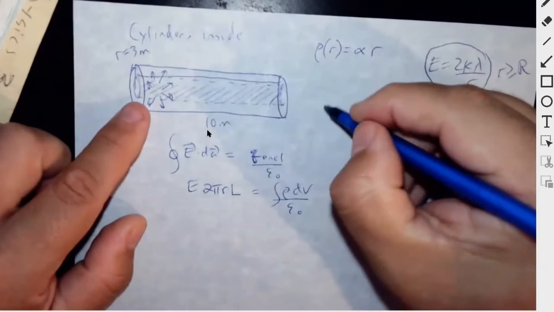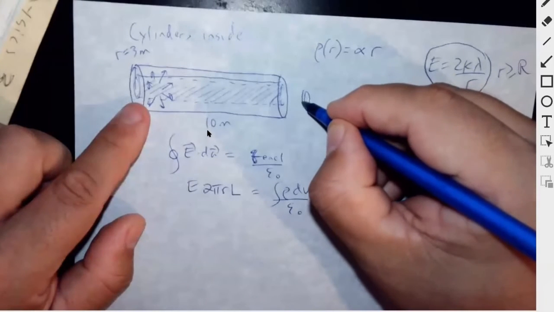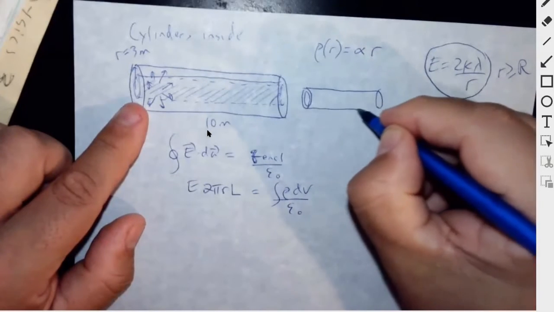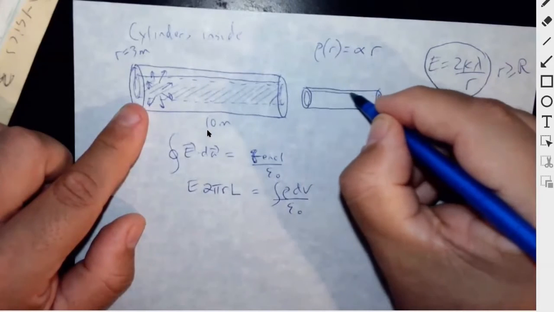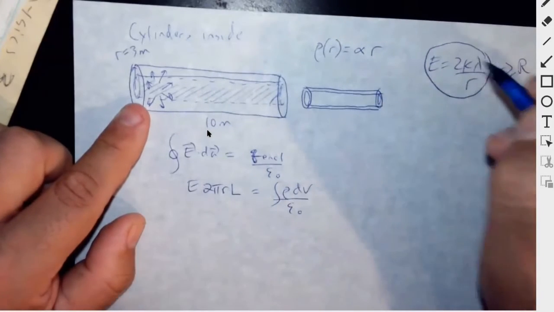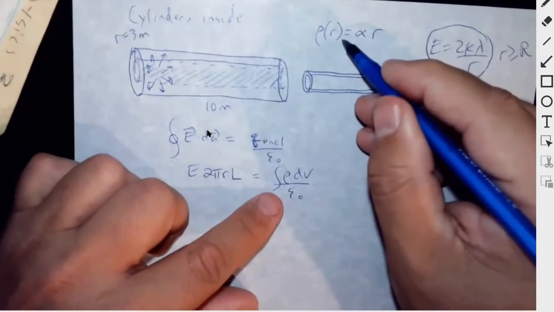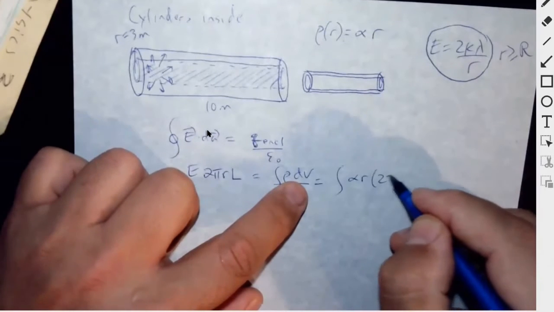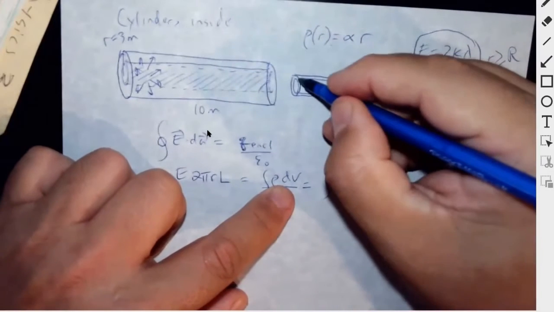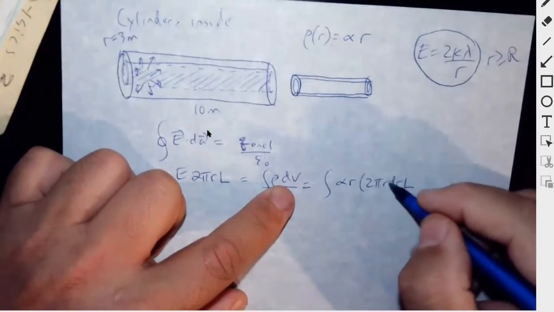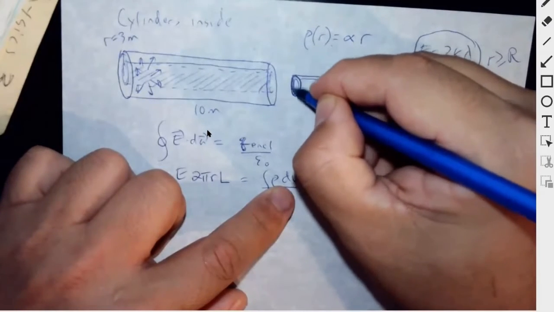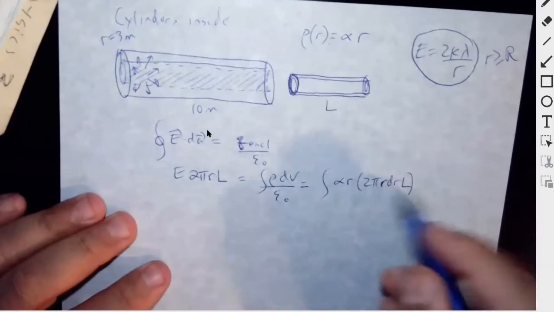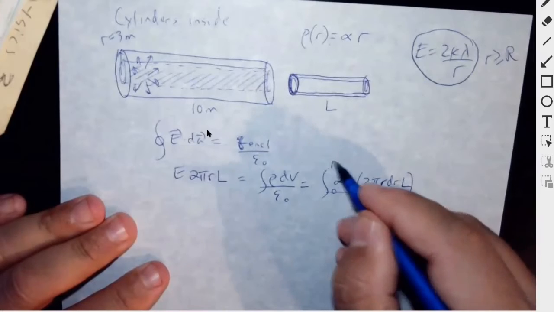You're choosing a bunch of cylindrical shells like this, and integrating the volume charge density over all those cylinders. So alpha r, then dV is 2 pi r dr times L. It's the circumference of this circle, 2 pi r, times the thickness, times the length of the cylinder. That's dV, and then you're dividing it by epsilon naught, then integrating 0 to r.